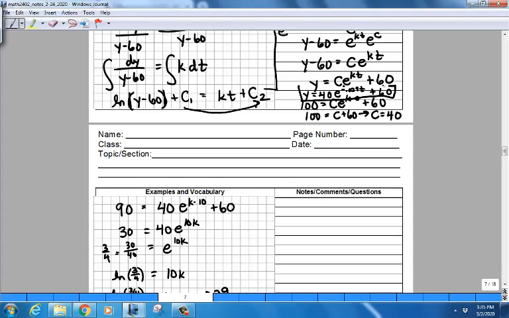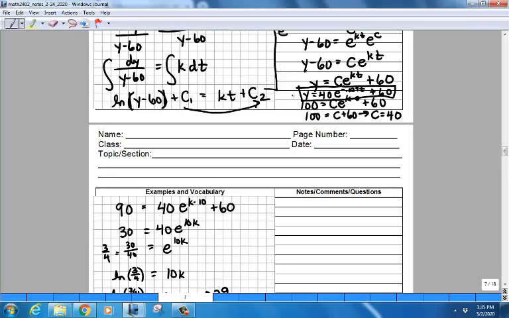And now that's the cooling formula for this particular object, right? y equals 40 times e to the minus 0.029 times t plus 60. And now you can use that to answer any questions you want about the temperature of the object, correct?